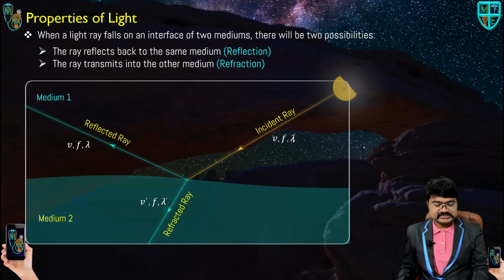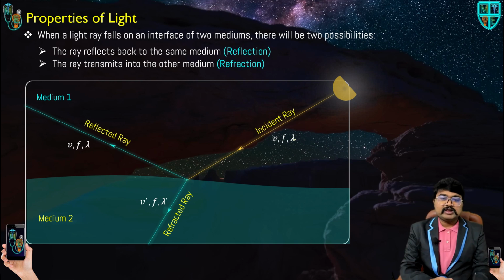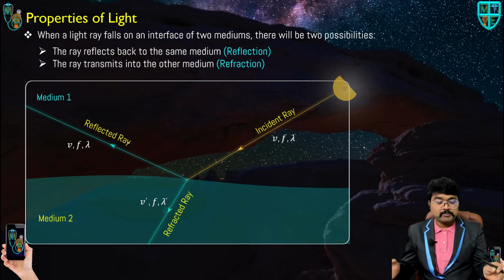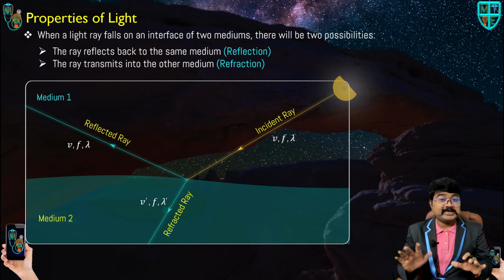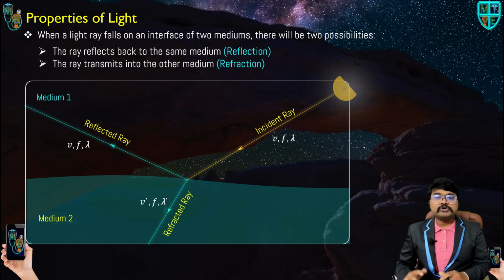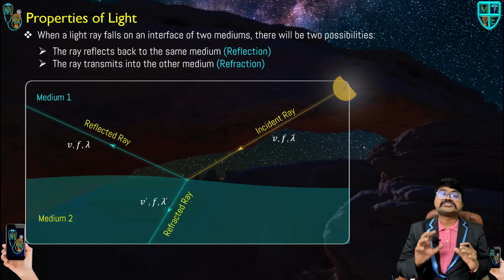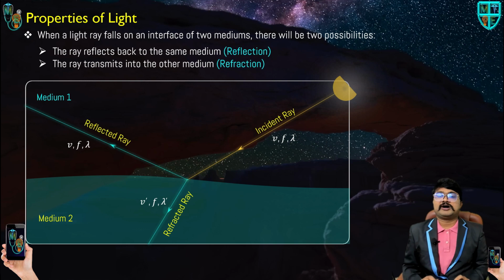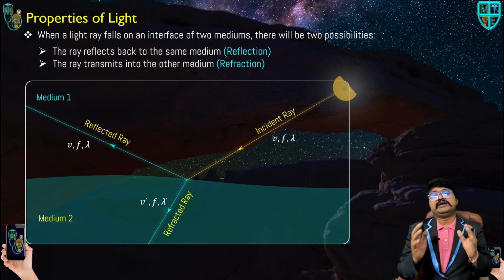The wavelength of the incident ray and the wavelength of the reflected ray will both be the same because of the same medium. Coming to refraction, the velocity and wavelength of the refracted light are not the same as those of the incident ray.